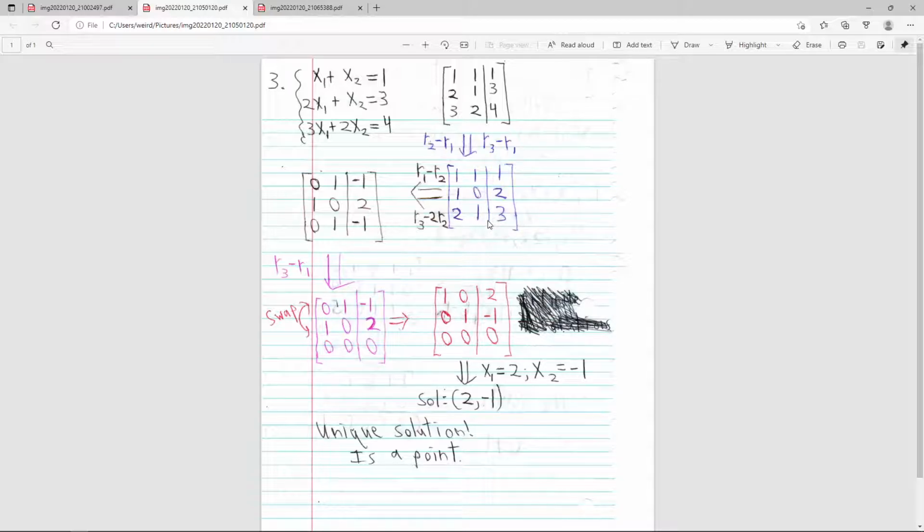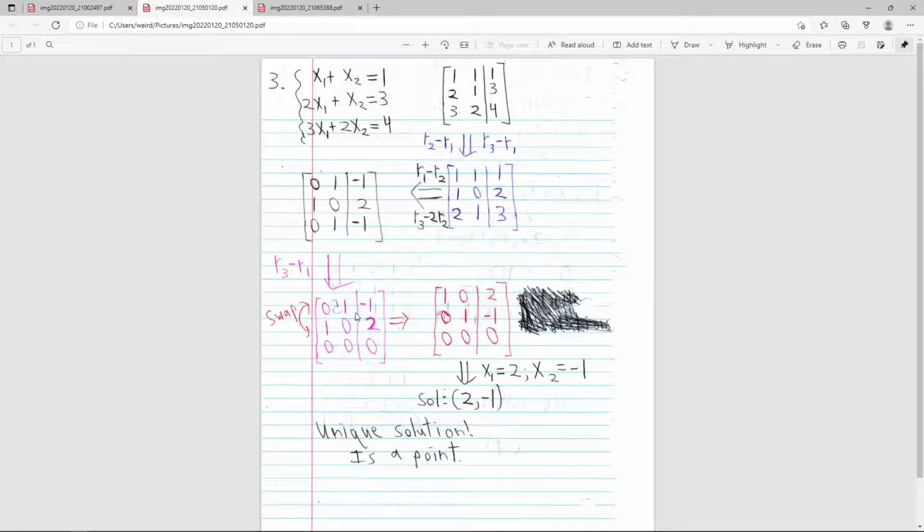Then we can do row 3 minus 2 times row 2, and row 1 minus row 2. That'll give us zeros and 1s on the left-hand side only. Then we can do row 3 minus row 1, and we just get 0, 0, 0 on the bottom.